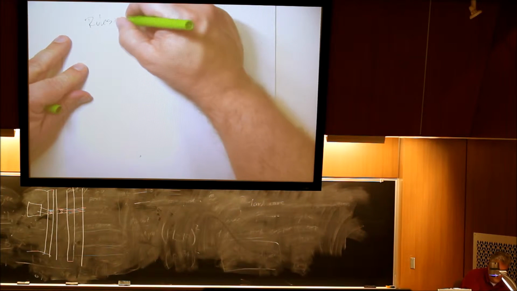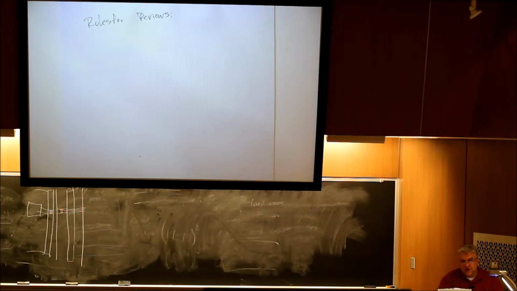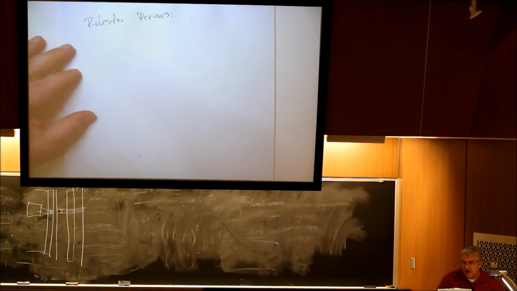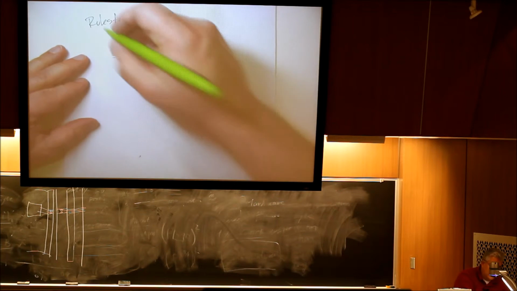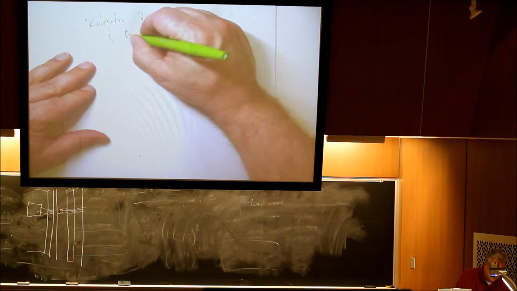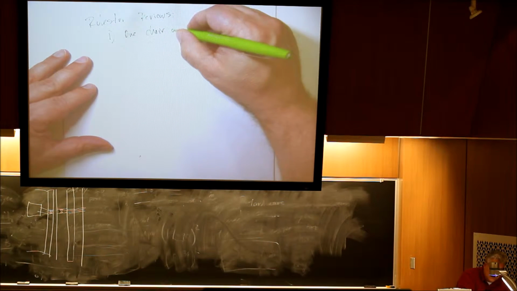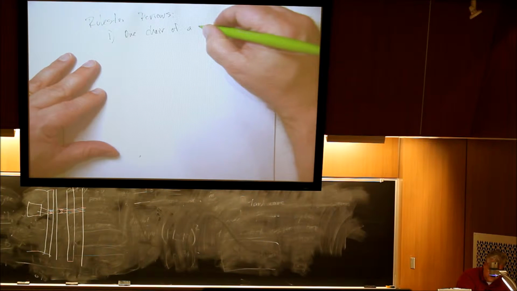All right, so there are rules for reviews. The rules for reviews are as follows. One, there is one chair of a review.